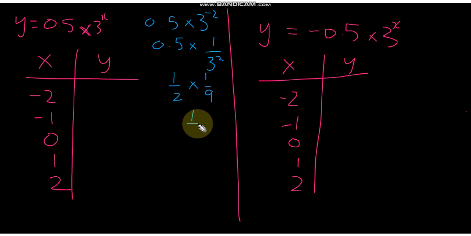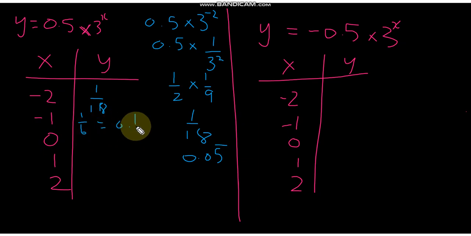That is 1 over 18, that is 0.05 repeating. Similarly, if I insert negative 1 here, I will get 1 over 6, which is equal to 0.16.